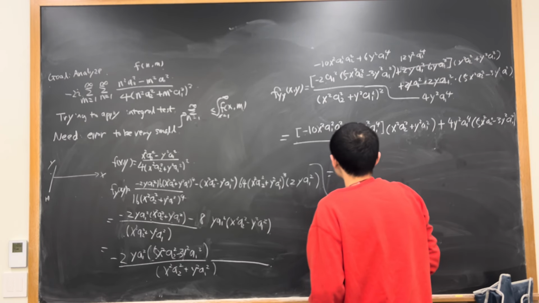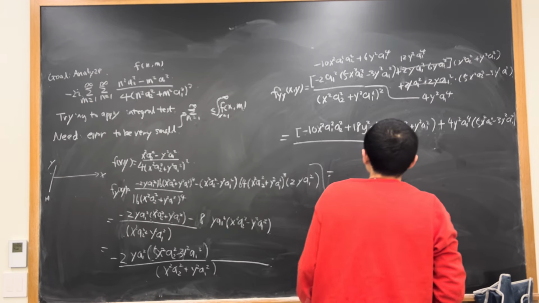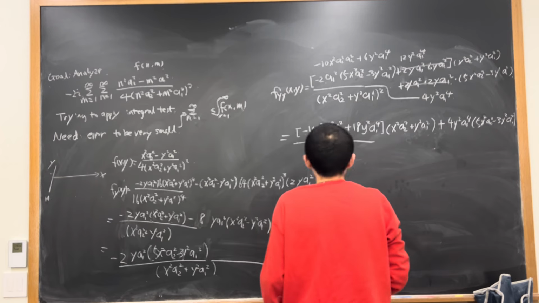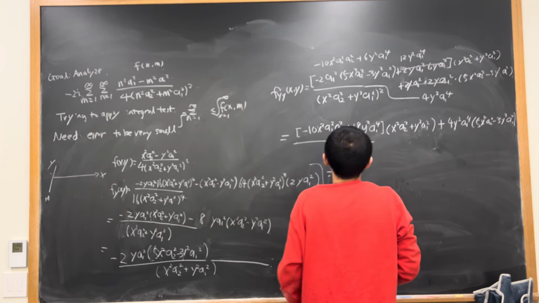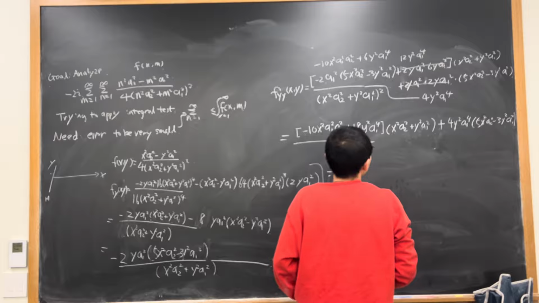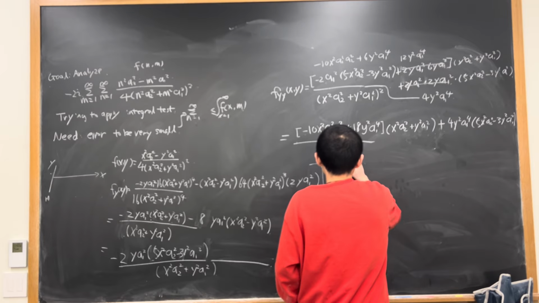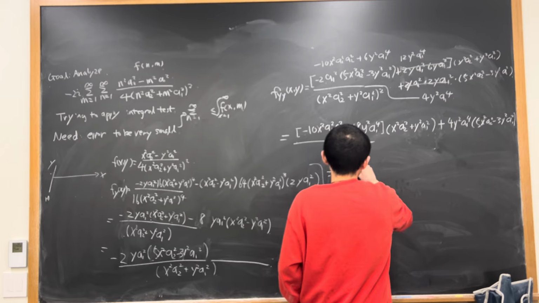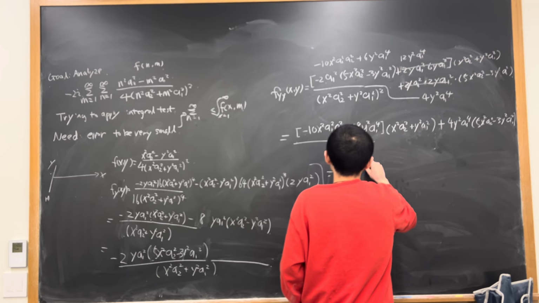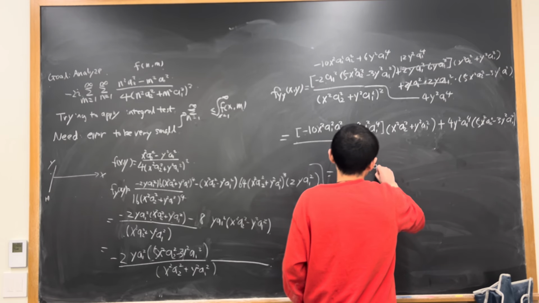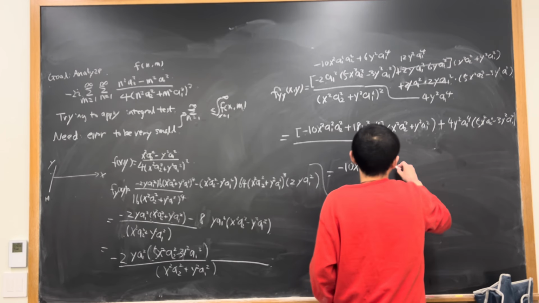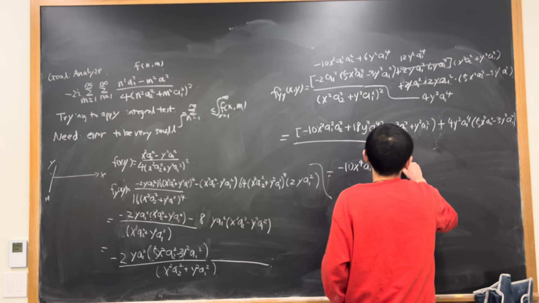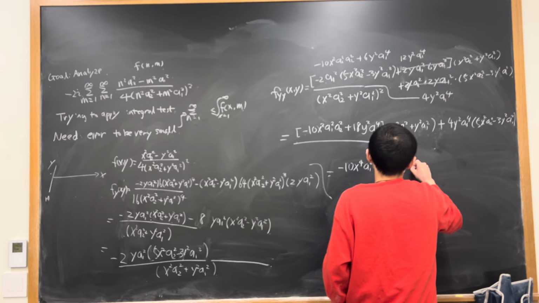So it is equal to negative 10 x to the fourth power a1 squared a2 to the fourth power plus 18 y to the fourth power a1 to the sixth power.